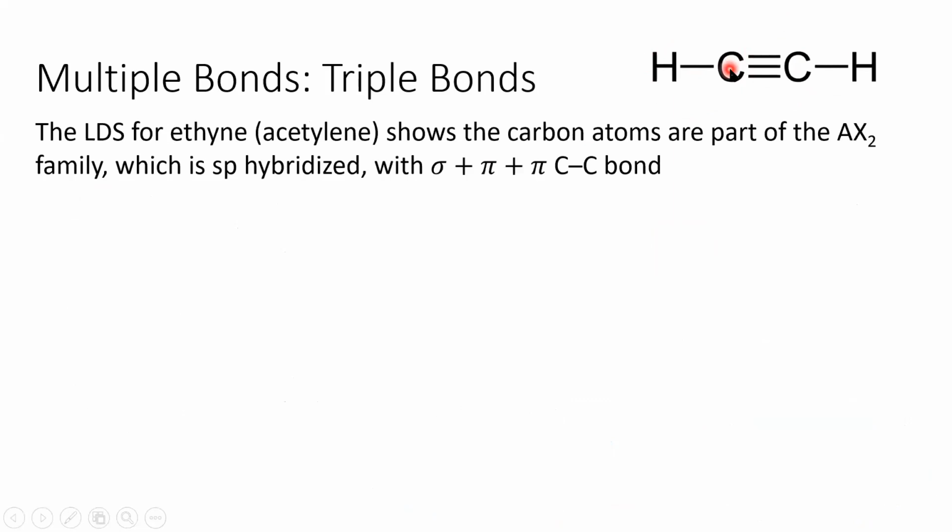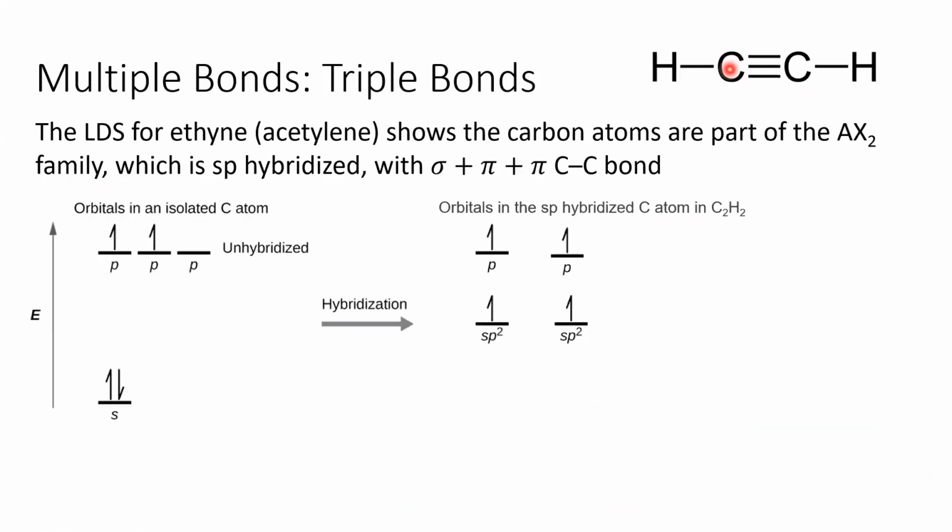So this is sp hybridized. That means one of the p orbitals is involved in the hybridization and two p orbitals are not. So the s and one of the p orbitals are involved in the hybridization, but we're going to have two p orbitals that are left over.